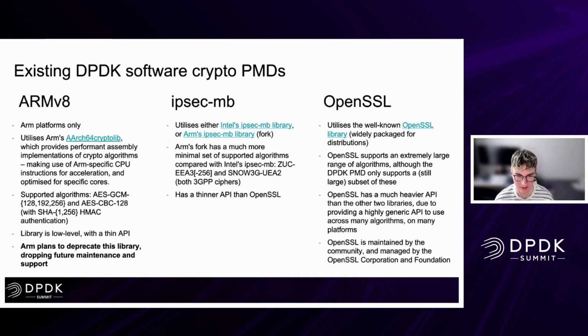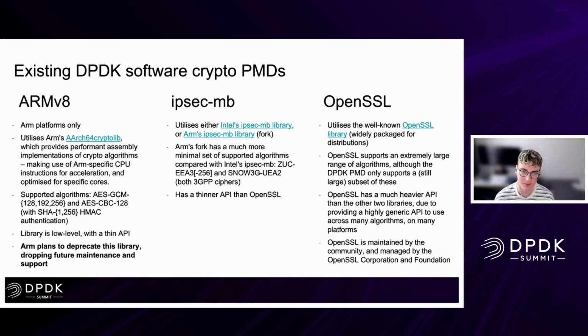It only supports a couple of algorithms, so AES-GCM and AES-CBC with SHA-HMAC authentication. The library is very low level. It just has assembly implementations with a thin C API over it. But ARM does have plans to deprecate this library, and we'll talk about that more later in this presentation.